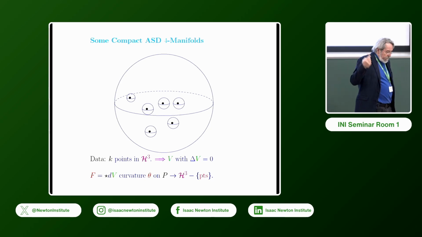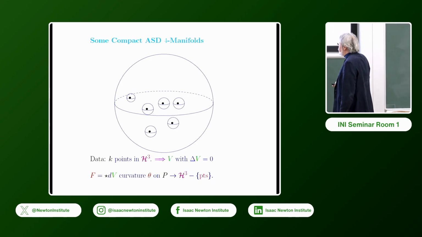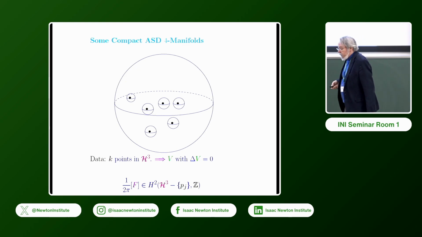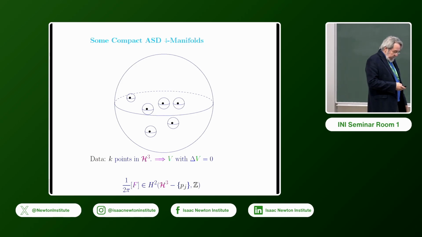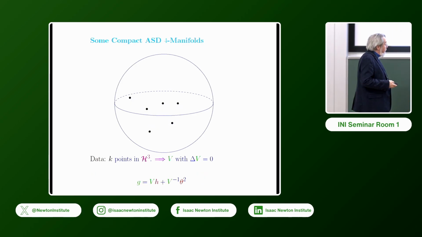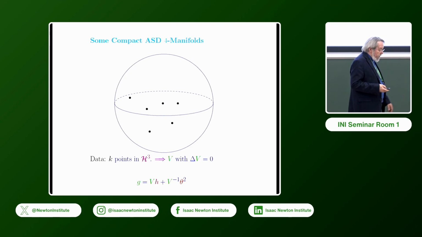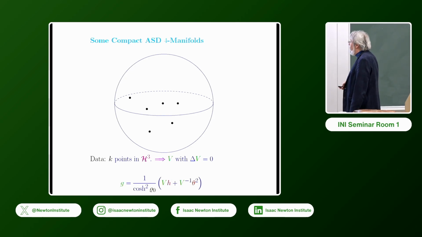And the integral of star dV on each of those spheres is actually minus 2 pi. So the condition that 1 over 2 pi times the curvature is an integer class is fulfilled. So there is such a circle bundle, and one could write down this metric, V times the hyperbolic metric plus V inverse times the connection form squared.